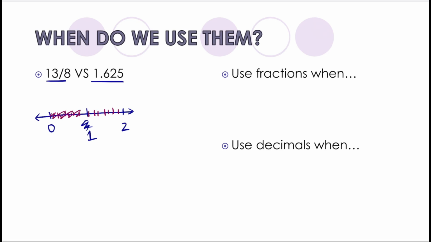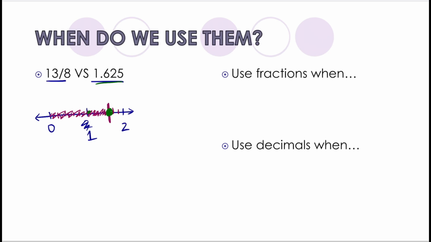So 13 over 8 is 13, so that's 8 parts, and then I need 5 more, 1, 2, 3, 4, 5. This would be where it is. That's a lot harder than if I just said, oh, it's 1.625, so that's 1 and a little bit more than half. So it would end up being exactly the same spot.